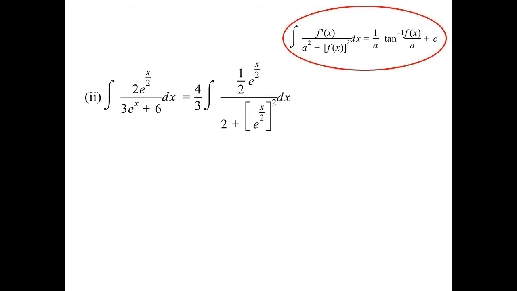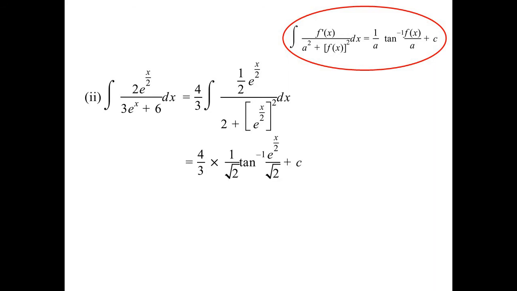Now I've factorised out the 3 on the bottom. That way my function is just e to the x on 2. So on the bottom I get 2 plus e to the x on 2 squared. And on the top, I want the derivative of the e to the x on 2, so I make that a half e to the x on 2, which means I now need 4 out the front. Now I've got it in that form.